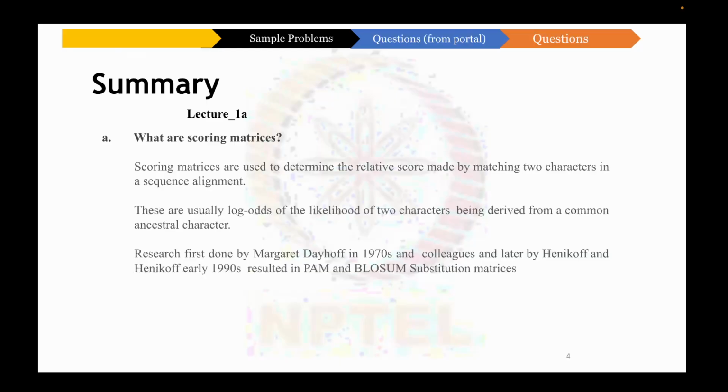These scores are used to evaluate the similarity between sequences and guide the alignment algorithms in finding the best alignment. Different matrices may have different scoring schemes based on the assumptions made during construction and the data used to derive them. Choosing an appropriate scoring matrix is essential for accurate sequence alignment and bioinformatics analysis.